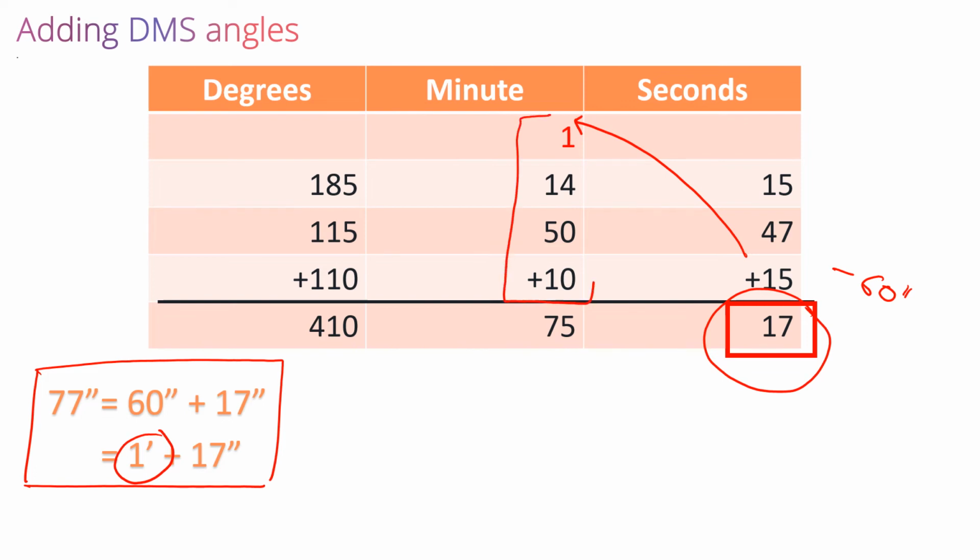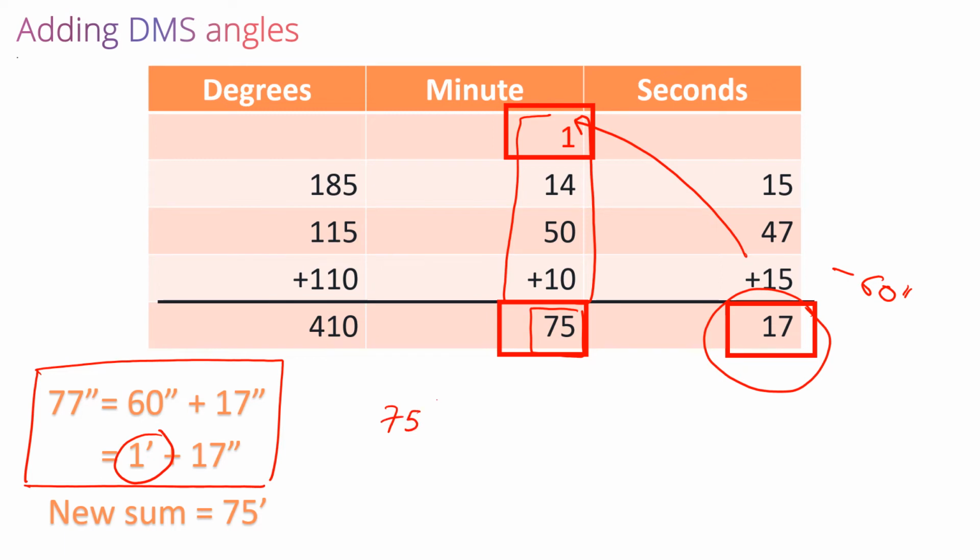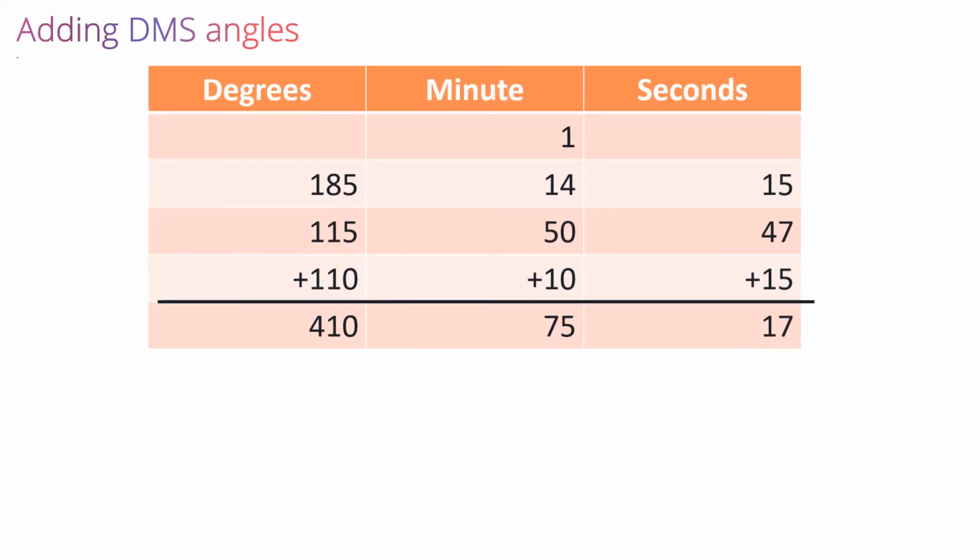Now add all of these values. So 60 plus 14 is 74, plus 1 gives us 75, right? Again it is greater than 60, so we need to adjust this value. You repeat the same process.